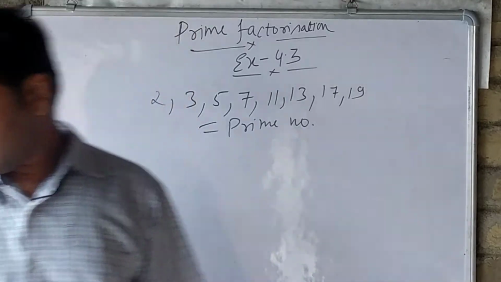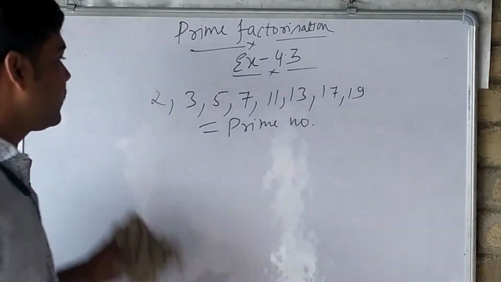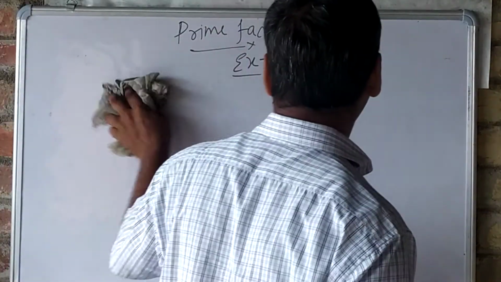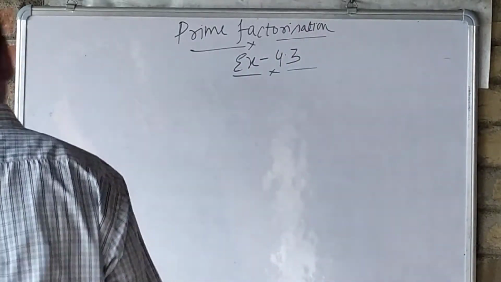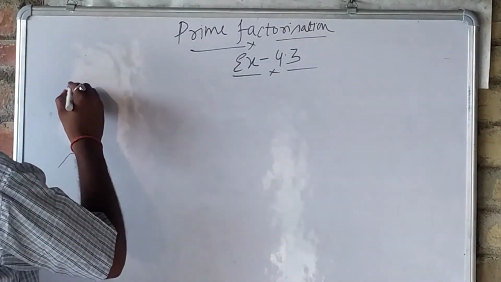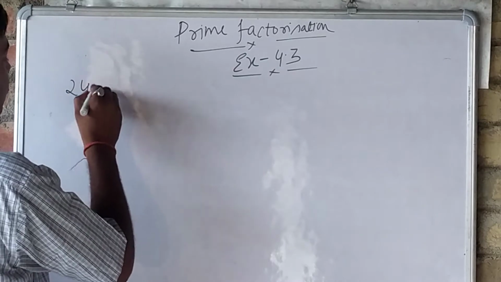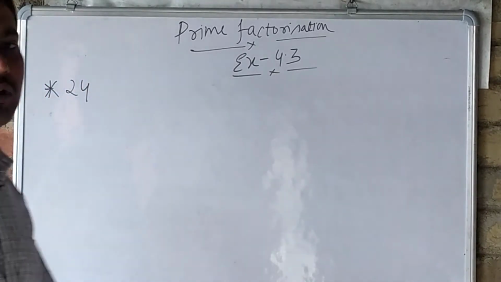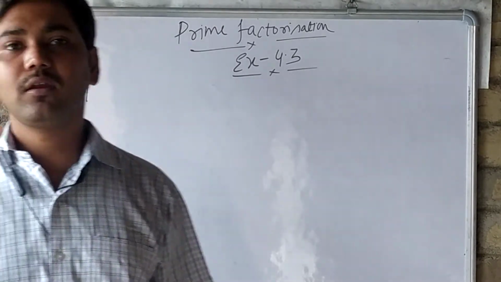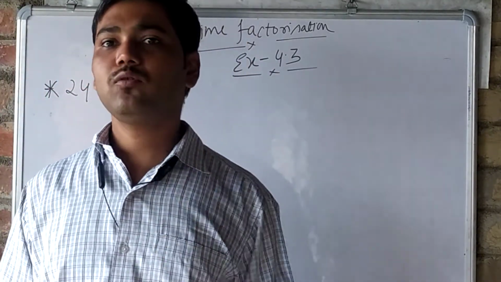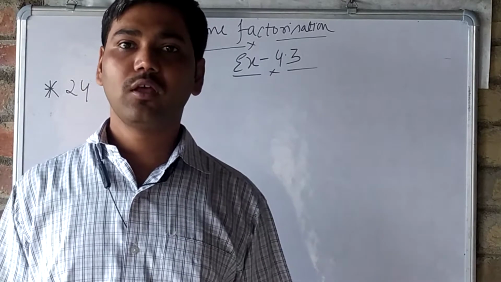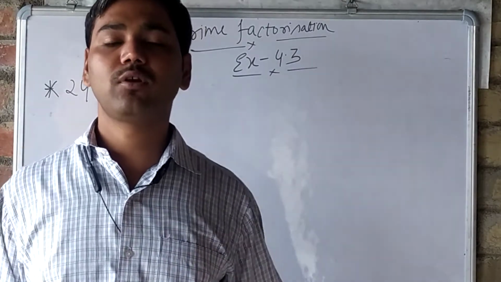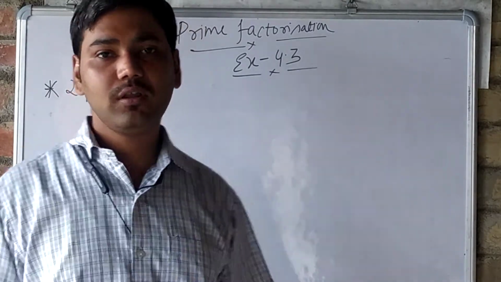So now let us take a few examples. For example, 24. What happens? 24 can be broken into two values, that is 6 into 4. 6 fours are 24.